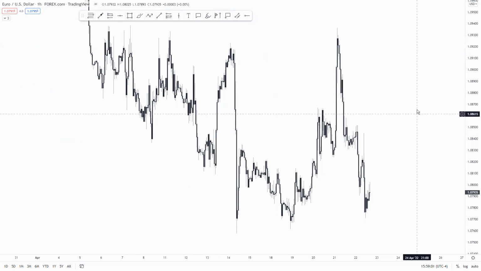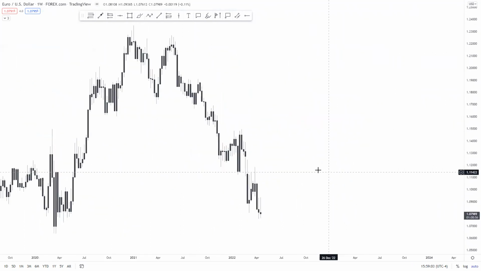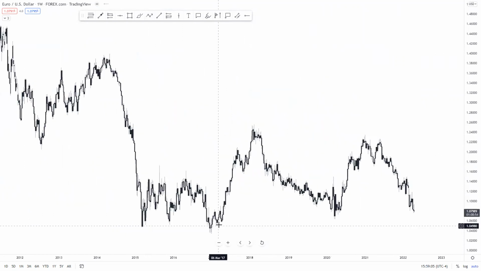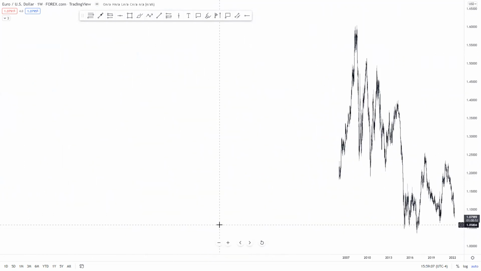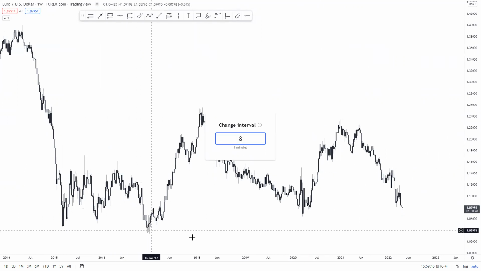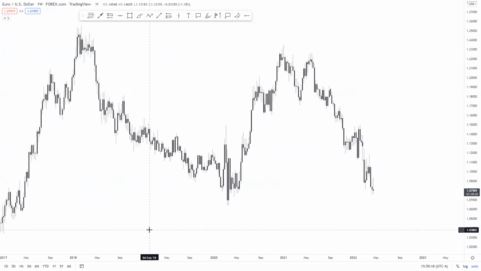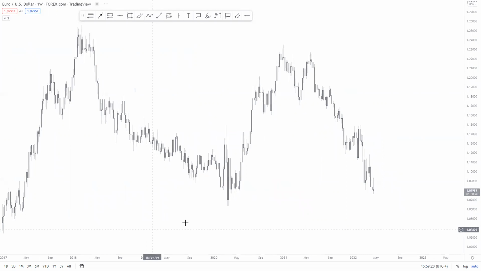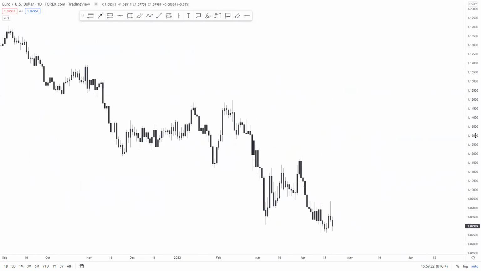EUR/USD weekly, it is still in a range, honestly. This was technically a leg, a pullback. So until we trade below here, we're still bullish, but this is just really ugly. However, on the daily, it's not too bad to see.